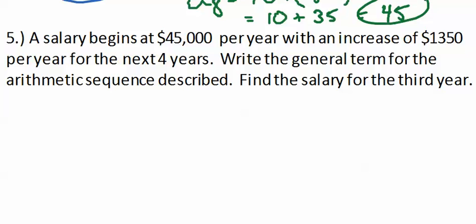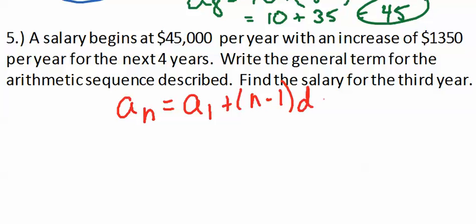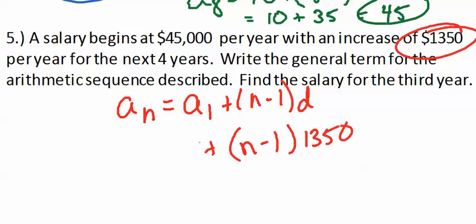So to write that, again, let's go back to the basic: a sub n equals a sub 1 plus the quantity n minus 1 times d. The common difference right here will be 1350, and a sub 1 is 45,000.